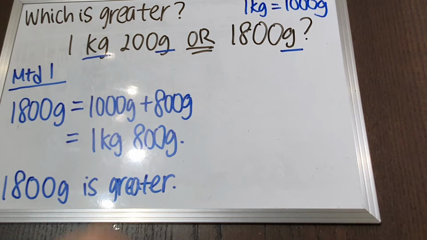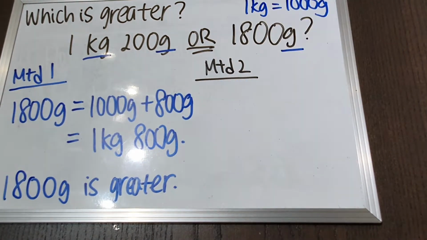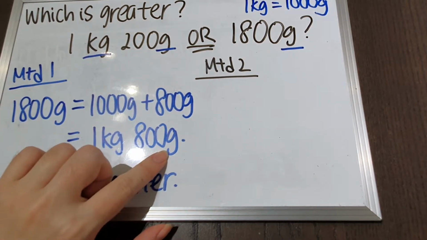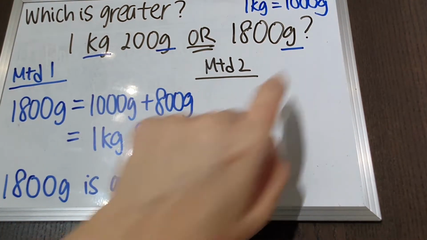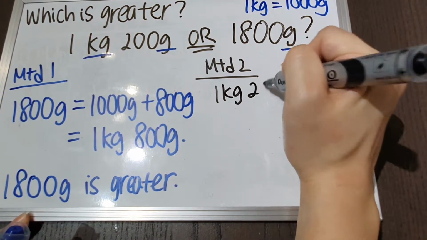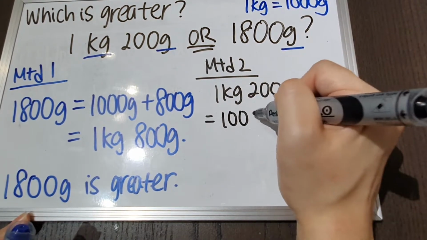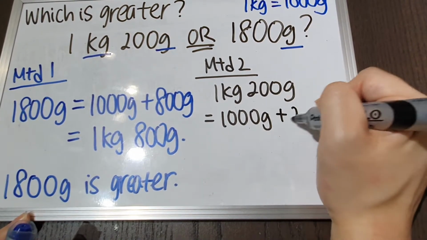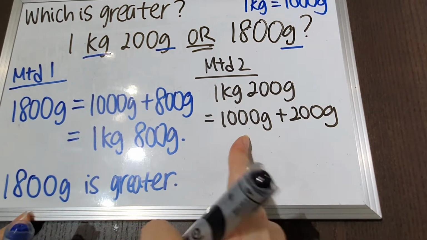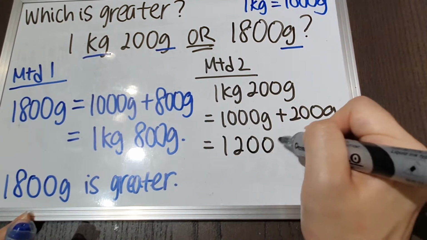The second method you can also choose is actually, instead of converting it to kilograms and grams, we can just change all to grams here, which is also acceptable. So I know that 1 kg 200 grams is the same as 1000 gram plus 200 grams, because 1 kg is 1000 gram, which will give me 1200 grams.